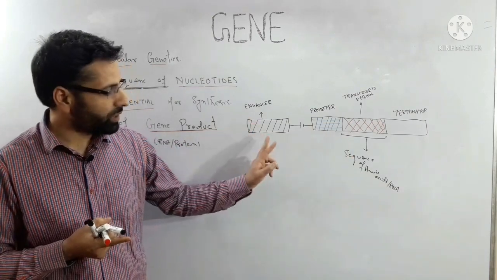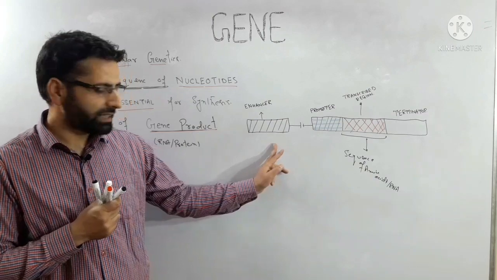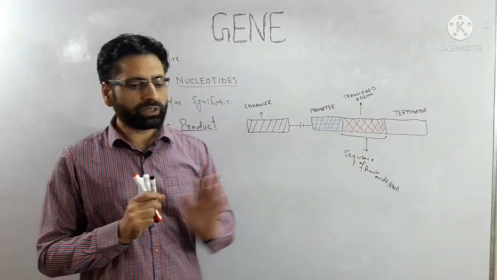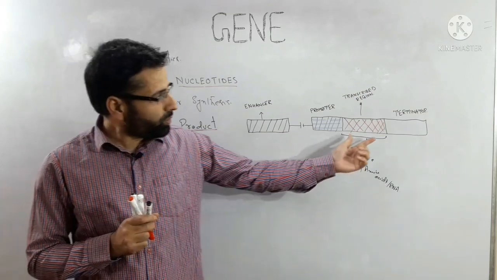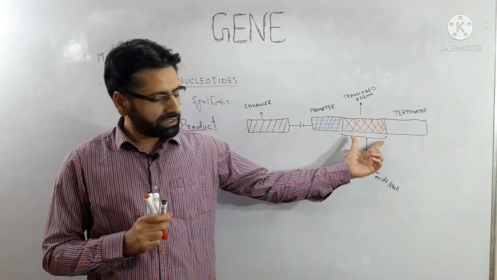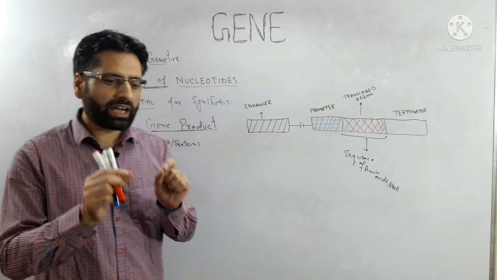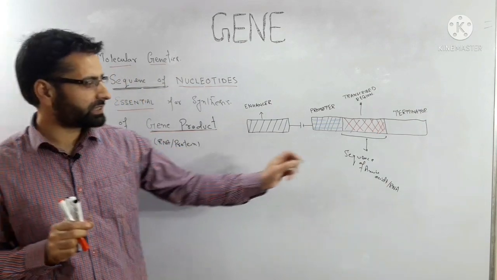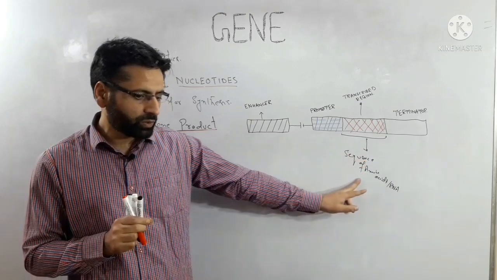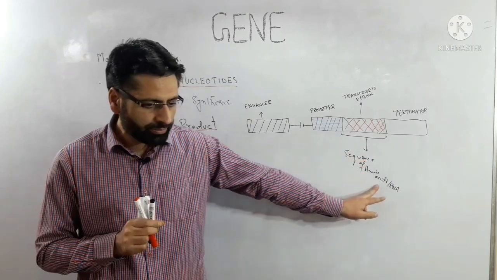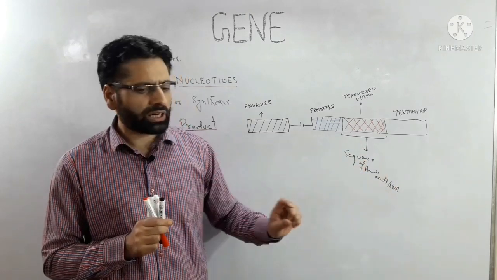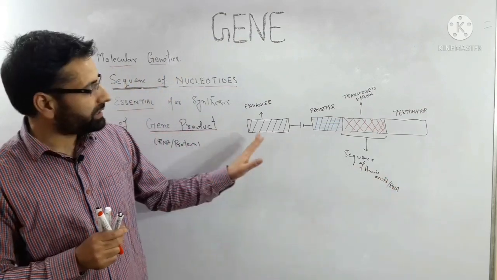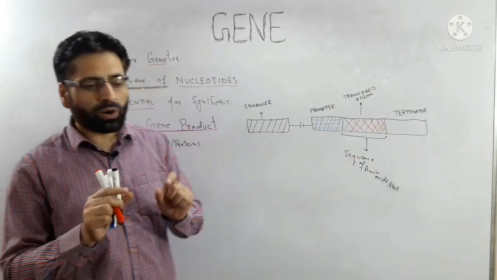So we have non-coding nucleotide sequences in the enhancer region, then in the promoter region, then in the terminator region. And only in this transcribed region we have nucleotide sequences which are getting translated into the protein as a sequence of amino acids or into the RNA as a sequence of nucleotides. But these three regions are non-coding.